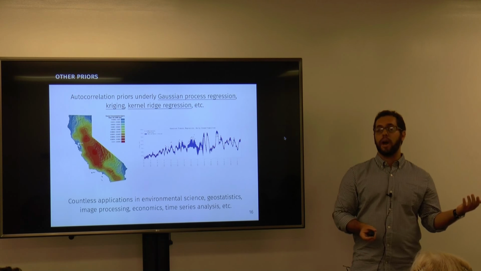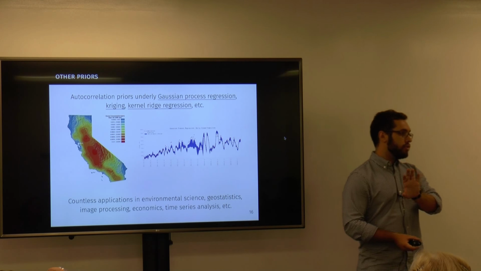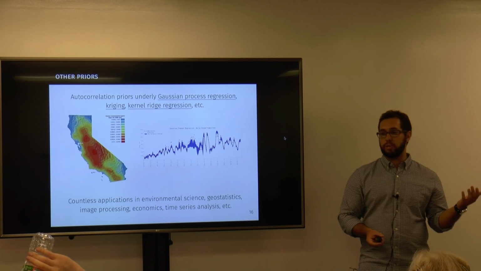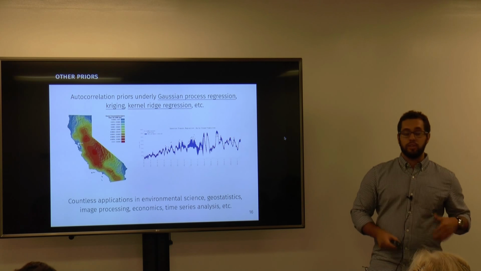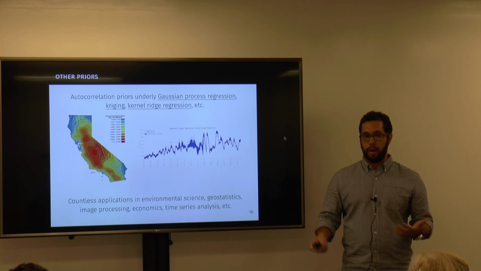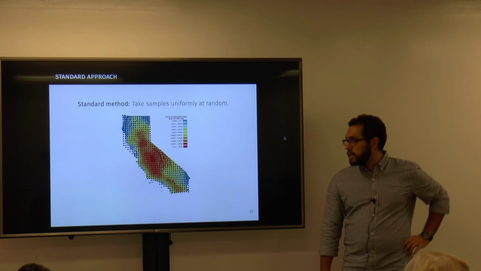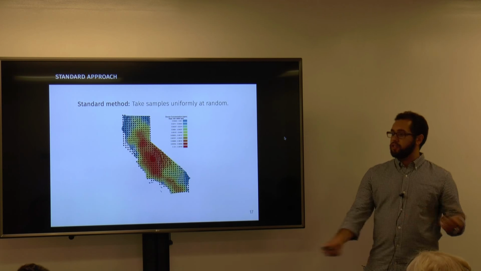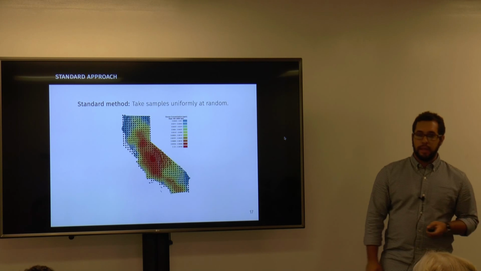If you put a Gaussian prior on the power spectral density, this is the same as putting a Gaussian prior on the autocorrelation. If I put a Lorentz prior on the power spectral density, this is the same as putting an exponential prior on the autocorrelation. So this is the reason these problems come up all the time. Okay, so you have this very general class of problems. How do people usually solve them?